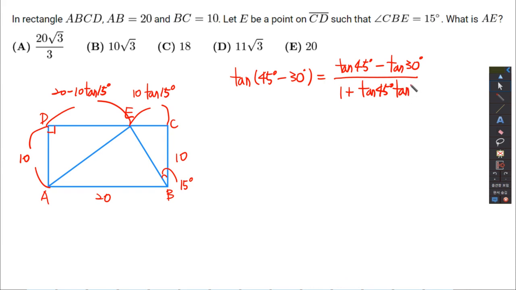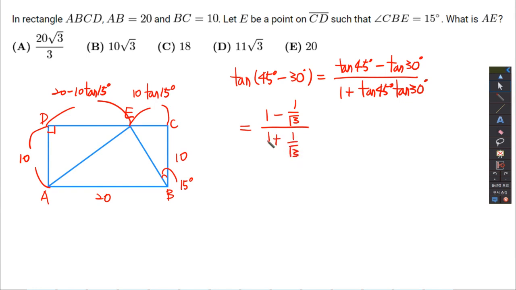So if we use the formula for the difference in tangent, we can use this formula. Do you know the value of tangent 45 degrees? It's 1. How about tangent 30? It is 1 over square root of 3.